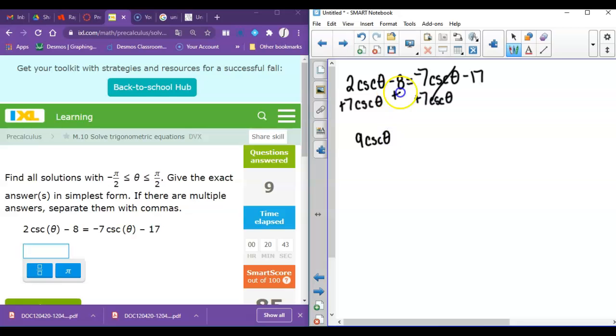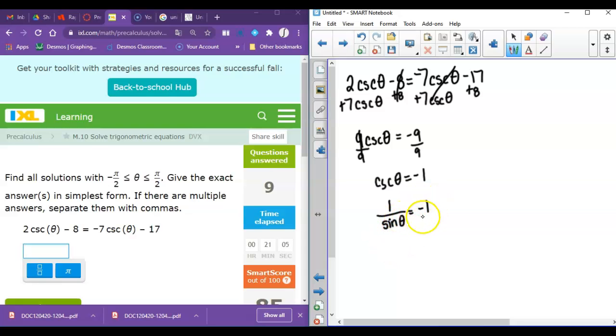While I'm doing this, I'm going to go ahead and add the 8 over here. It's going to equal negative 9. I'll divide both sides by 9. So cosecant of theta equals negative 1. That is 1 over sine of theta equals negative 1.